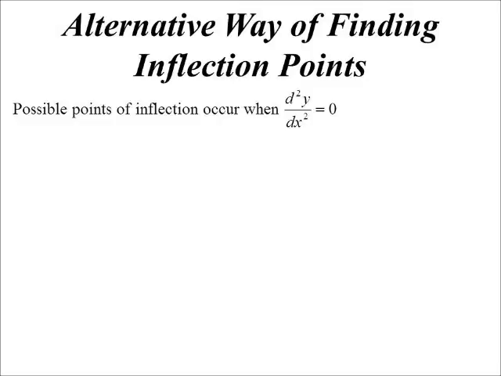Well, I can do the same thing here, because remember, we're trying to find when concavity changes. Now, what measures change? The derivative. So I want to know if the second derivative is changing. Therefore, I use the third derivative.